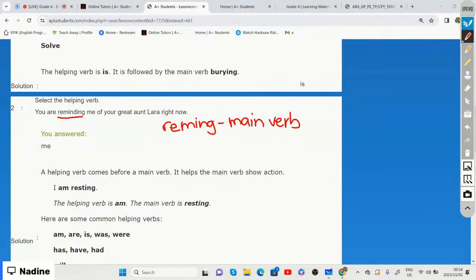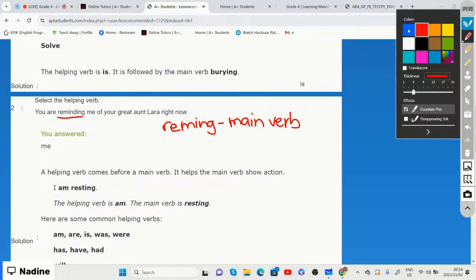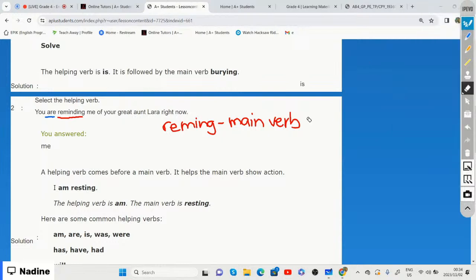And the word are is our helping verb. Oopsie, I wrote reminding wrong.